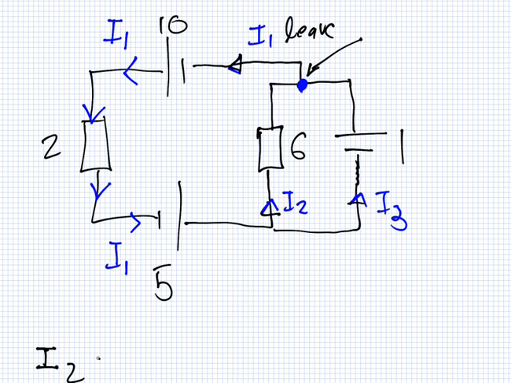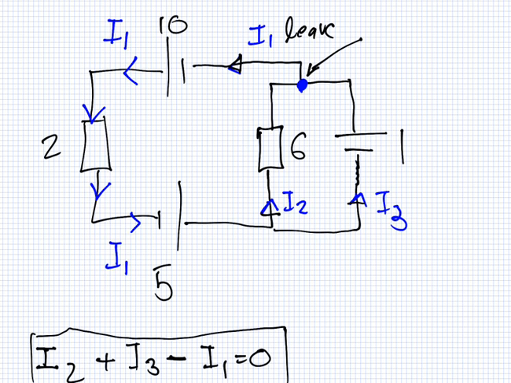And what's next, plus or minus? Minus I3, because I3 is also going out. I1 is going in, minus I2 minus I3 equals 0.